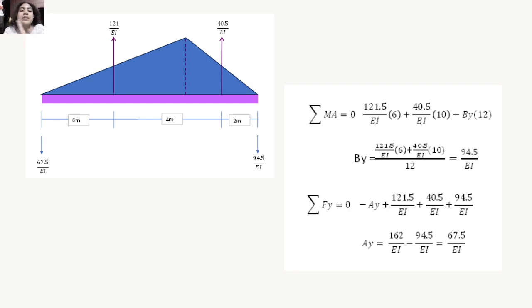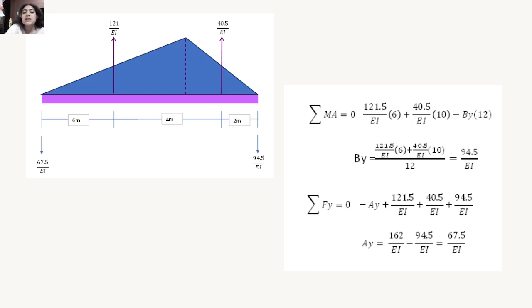I divide my 27 by 2 because the force is punctual, in the middle of my triangle, and my result is 121.5, sorry, 5.